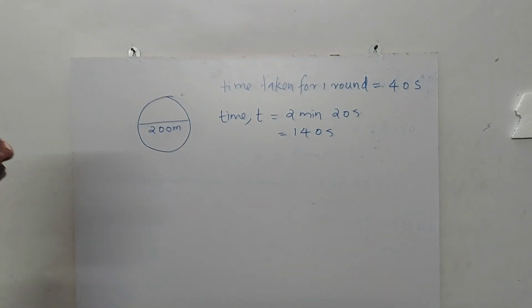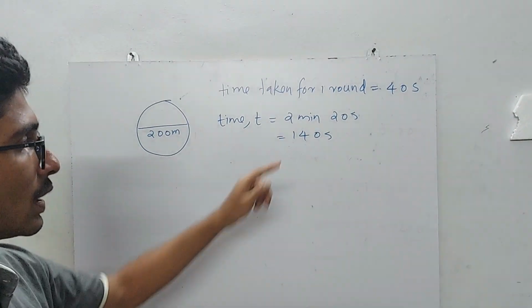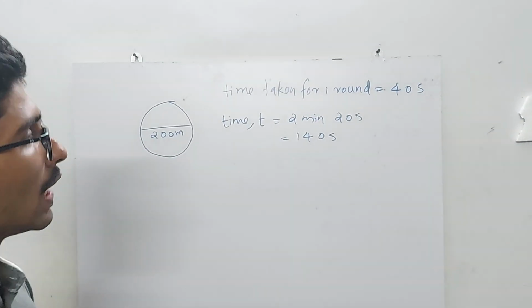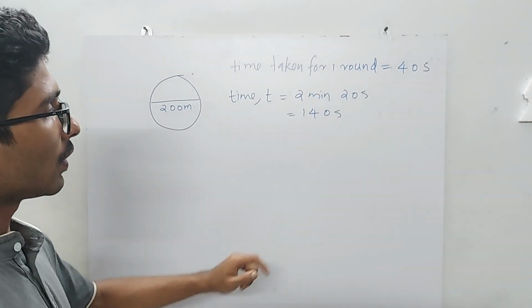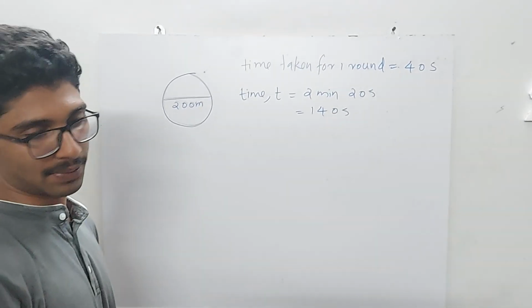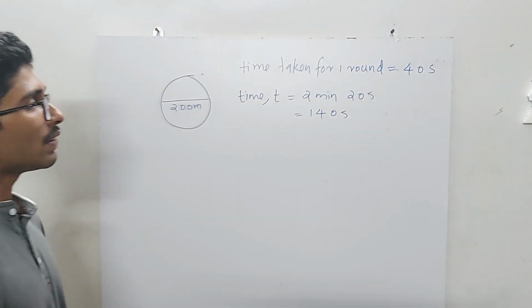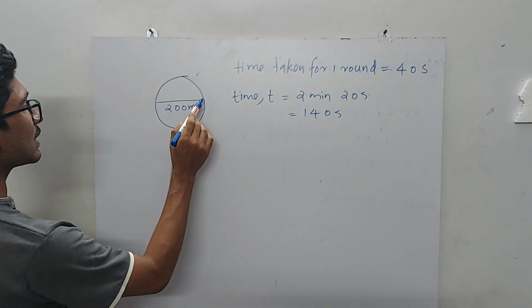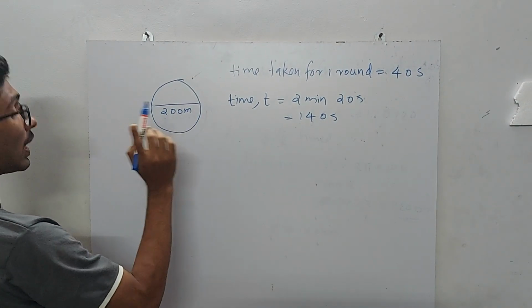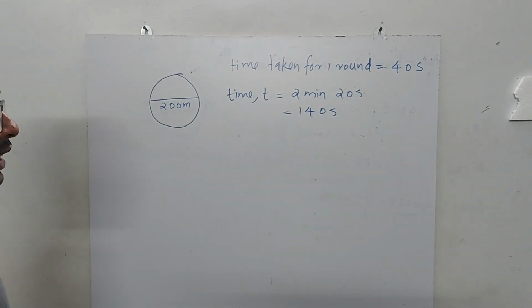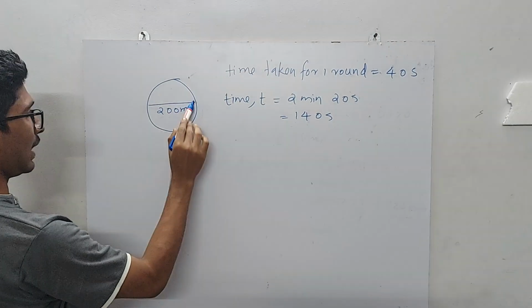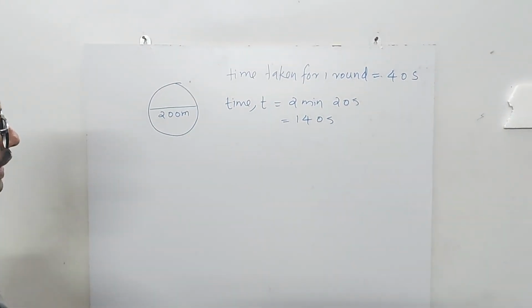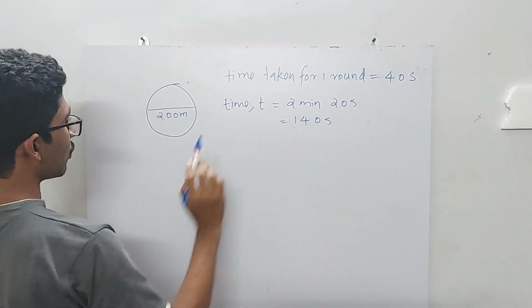So after 140 seconds, what will be the position? First we need to find the position of the athlete, and then we will have to find the distance and displacement covered. We know that 40 seconds is the time the athlete takes to cover one round. So in 20 seconds, he will complete half a round, isn't it? So 2 minutes 20 seconds means a total of 140 seconds.